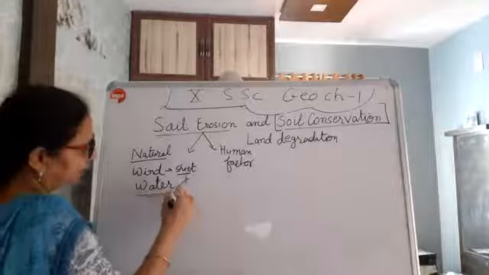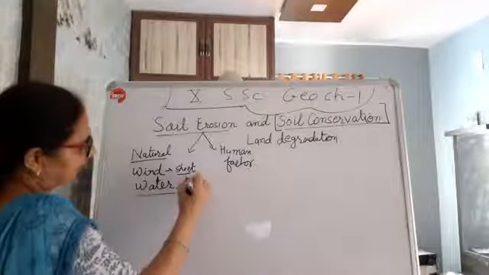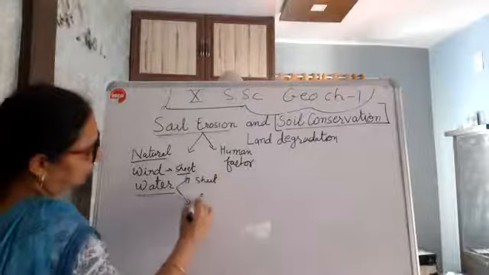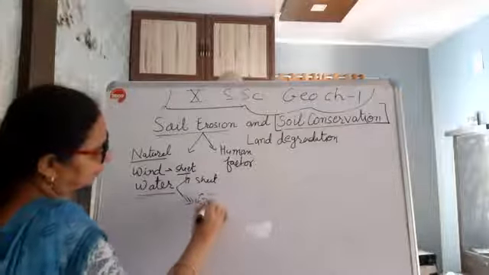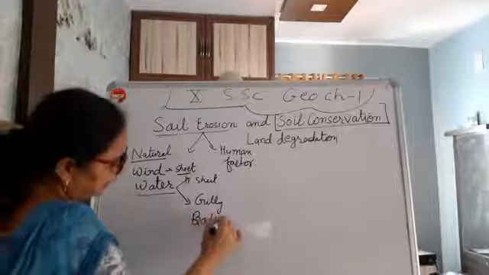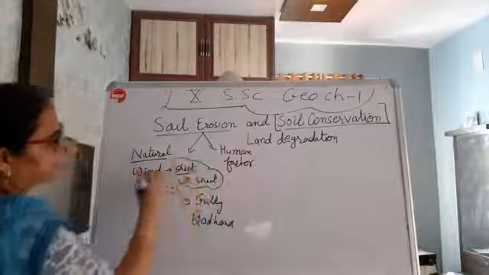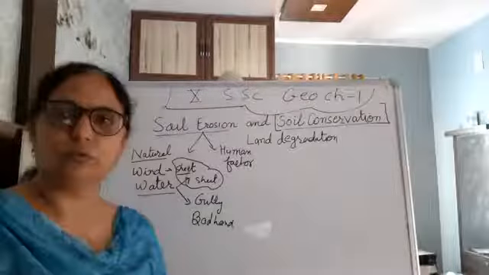When we talk about water erosion, that is categorized into two: sheet erosion and gully erosion. Gully erosion is also called bad land. Sheet erosion is the same process, sometimes by water, sometimes by wind, according to the areas.